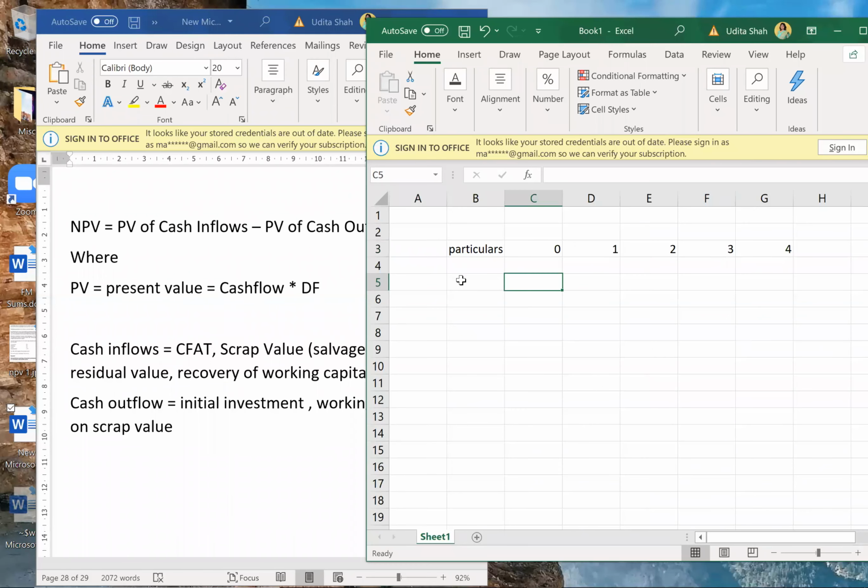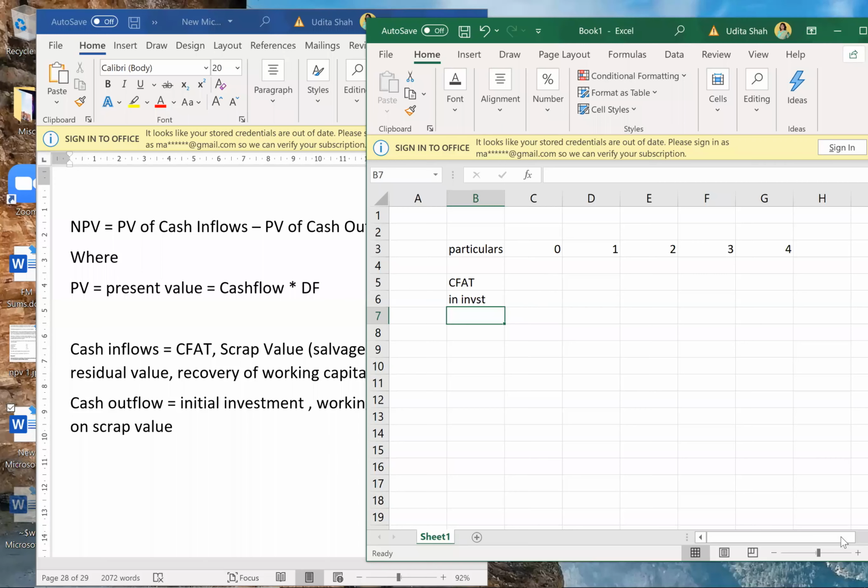We'll start with cash flows after tax, CFAT. CFAT can be in any year. Cash flow after tax will be an inflow, it can also be an outflow. After that, we'll do initial investment. Initial investment will always be an outflow and always in year 0.